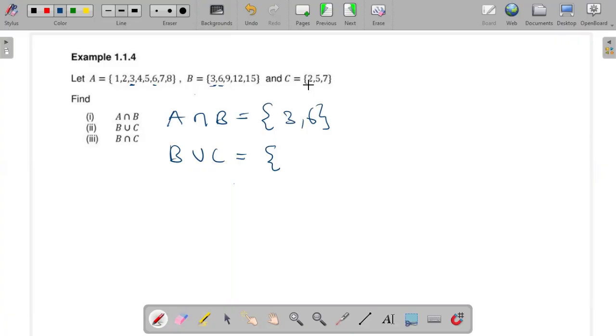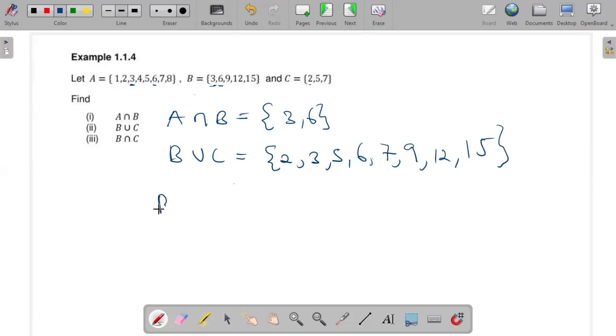So here I see I have a 2, so I'll start with that 2. Then 3 follows there, then I have a 5 from there, then 6 follows. Then I have a 7 from here. Then 9, 12, and 15 are going to follow. So just combining all those elements together, that is B union C.